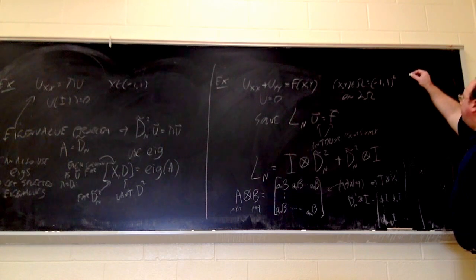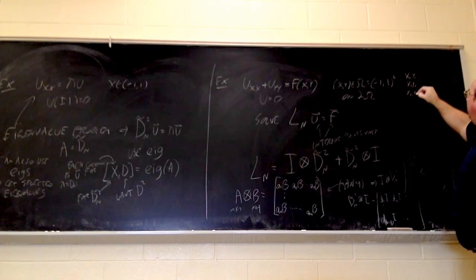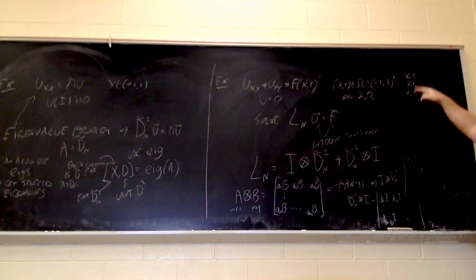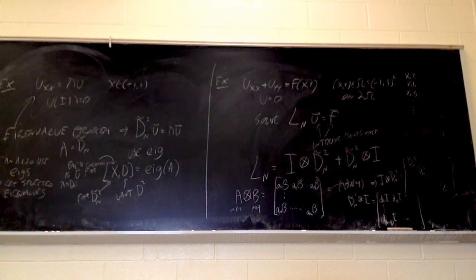Two logical possibilities are x1, y1, x1, y2, x1, y3, and so on. The x stays the same, and you iterate through the y's until you get to the end, and then you get x2, x2, x2, and so forth. Or the other way around: x1, y1, x2, y1, x3, y1, and so on.